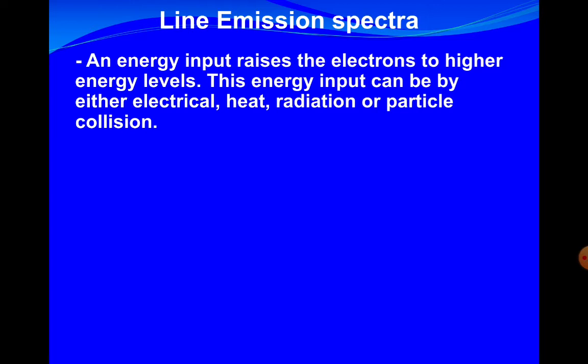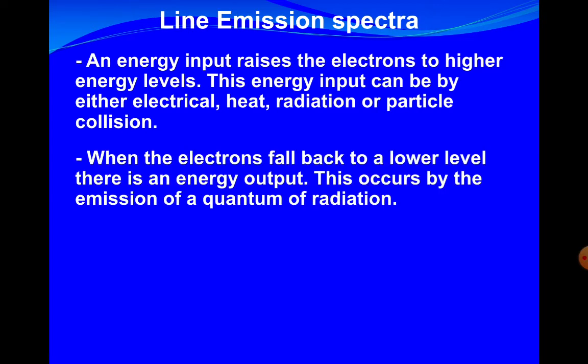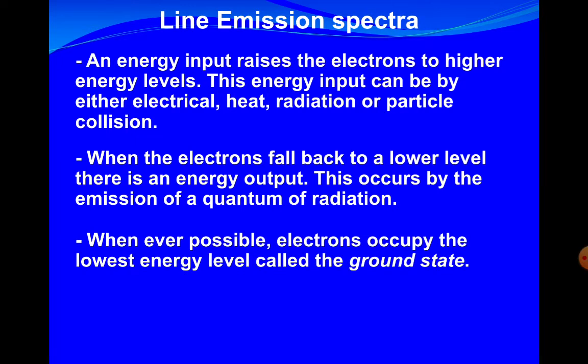When they fall back, they release photons, and that's why a bulb releases light. So when the electrons fall back to a lower level, energy is released. This occurs by the emission of a quantum, or we say a packet of radiation. Whenever possible, electrons always try to occupy the lowest energy level, and we call that the ground state.